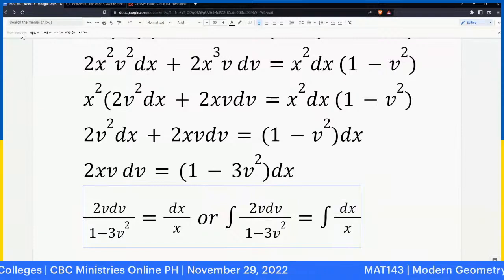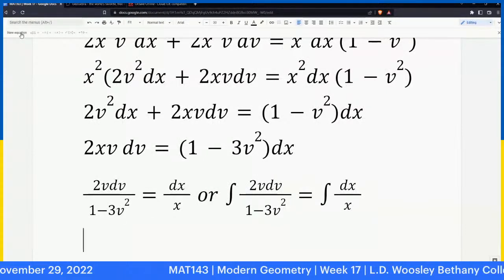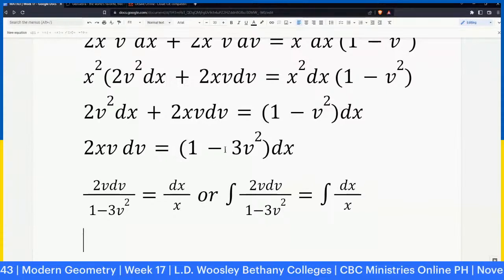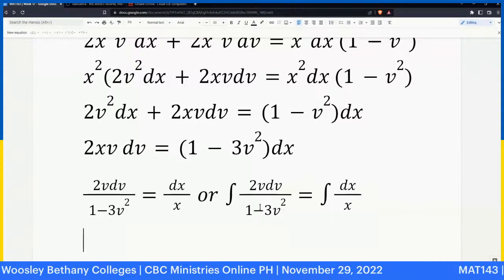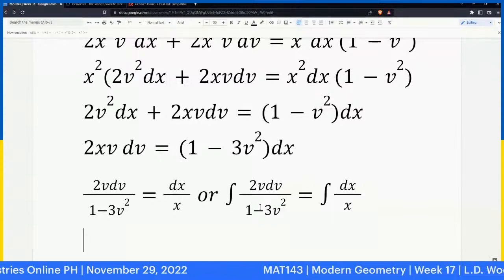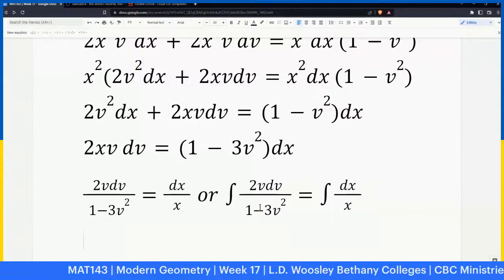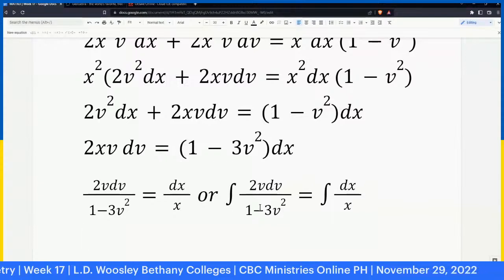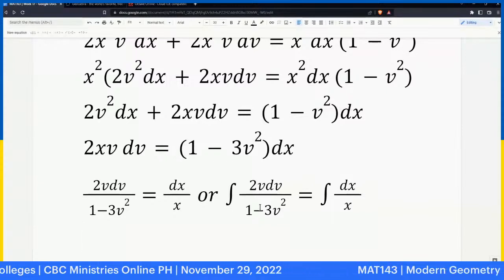So that's the ano. Okay. Du over u. What's the derivative of u here on the left side, Micaela?